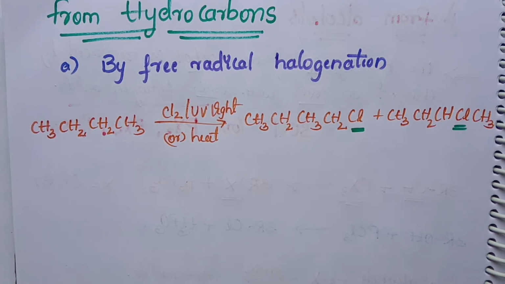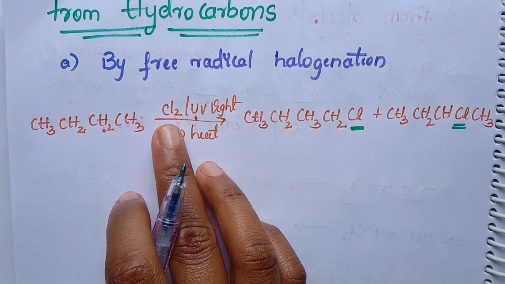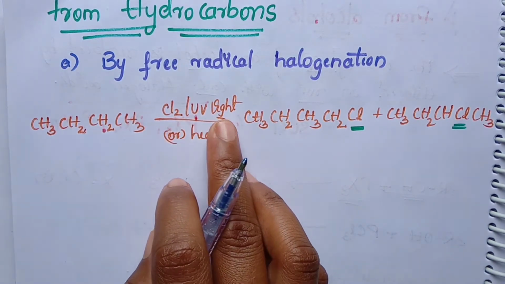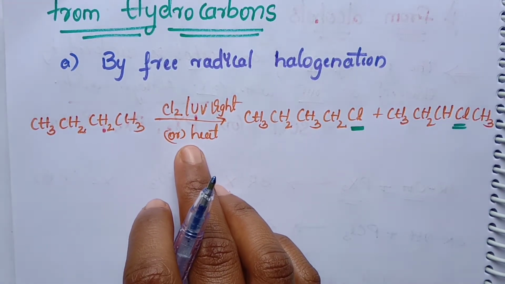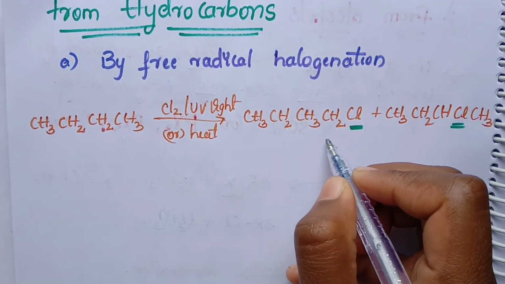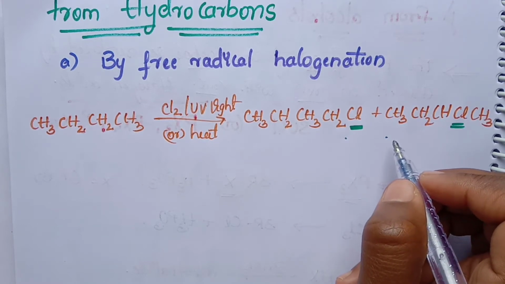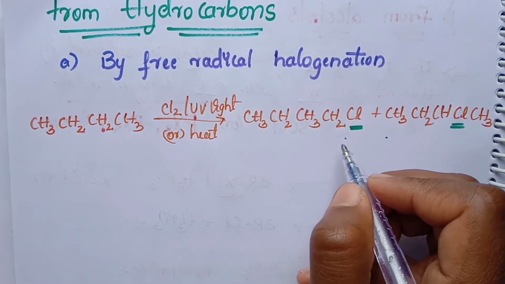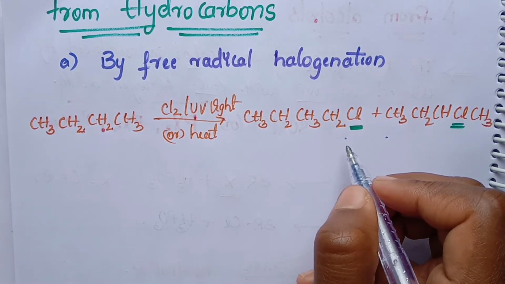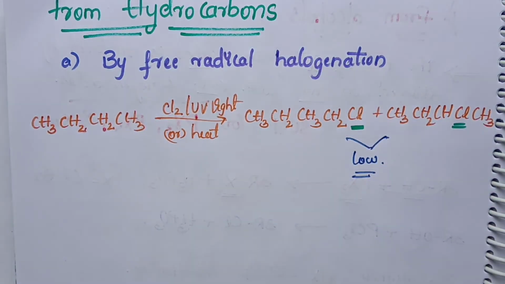Thus we can also prepare haloalkanes through free radical halogenation. Here we use chlorine in the presence of UV light or heat, and the reaction proceeds. The products are monohaloalkanes and polyhaloalkanes, though the yield of the products is very low.